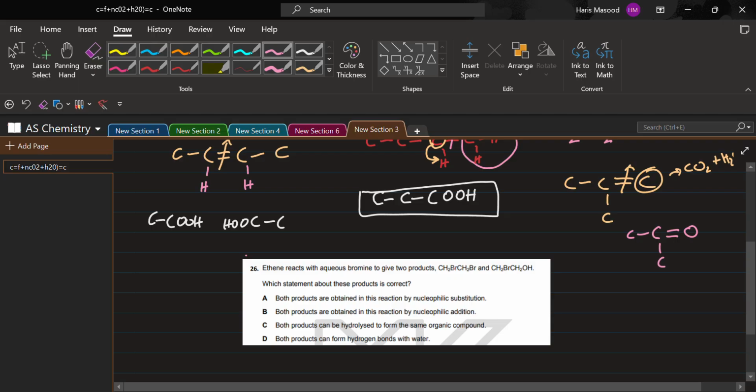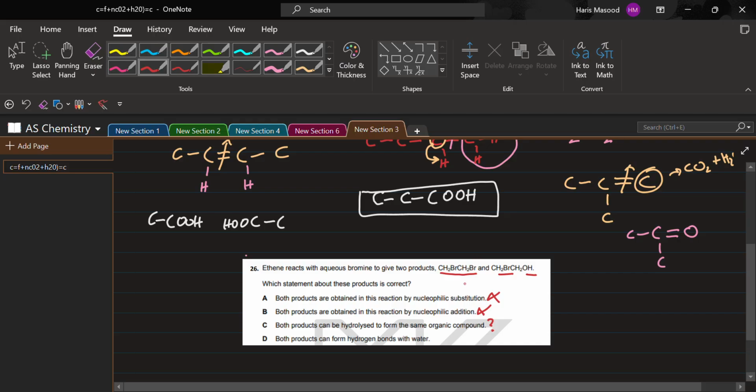If you remember, two products were being formed. One had both Br with it, and one had one Br and one OH attached to it. So which statement is correct? Both products are obtained by nucleophilic substitution. No. Both products are obtained by nucleophilic addition. Not correct. Both can be hydrolyzed to form same organic product. We don't know because we have not studied it yet. Both products can form hydrogen bonds with water.